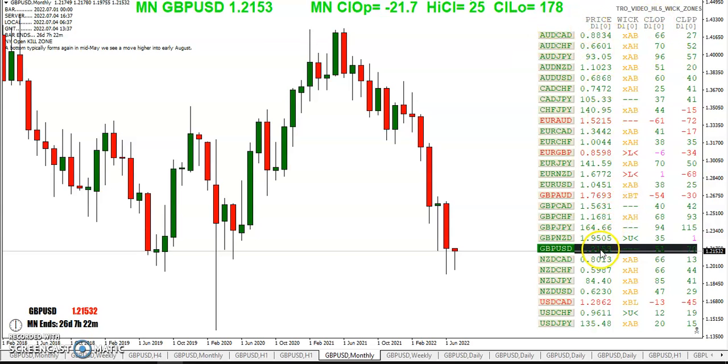I've got the current price, and red and green tells me whether it's above or below the open. I've got where it is in relation to the wick zone. I have where it is in relation to the open, how many pips away, above or below, and then a pivot, how many pips and above or below.